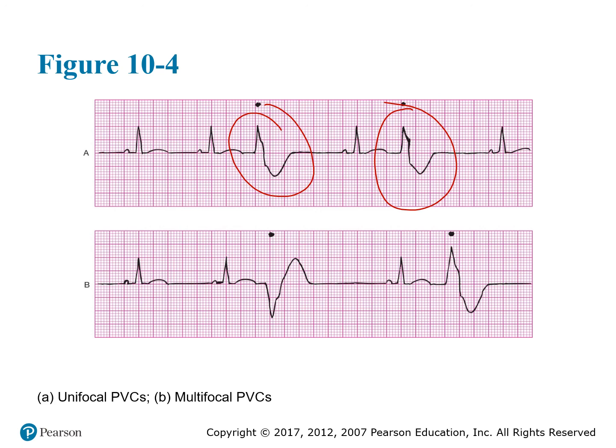But if you look at figure 10.4b, as you can see, one PVC is going in a downward deflection and one is going in an upward deflection. That's what we call a multifocal PVC, due to the fact that it fired off from different foci within the ventricles. So one could have been a left, one could have been a right.